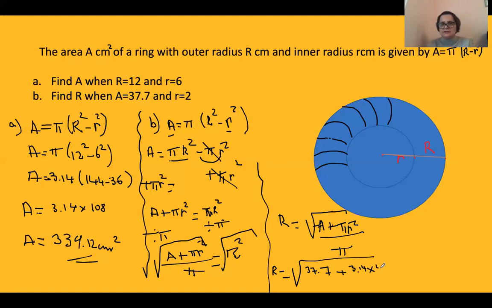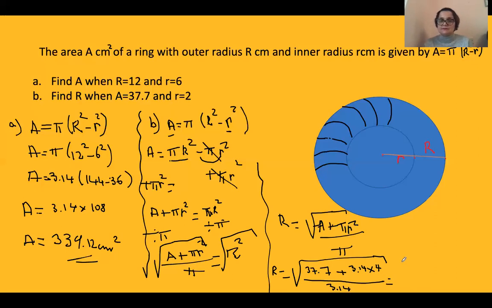I'm going to put 4 straight away. Over pi, over 3.14. Square root of all of this. Before we do the square root, we have to do the operations inside the square root.